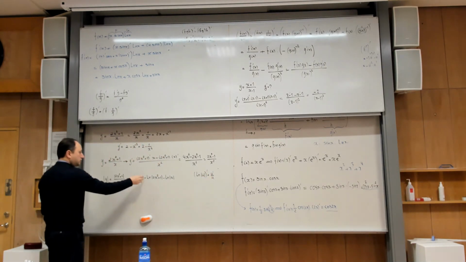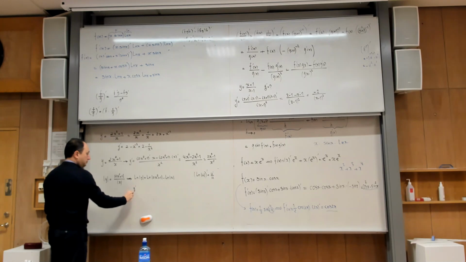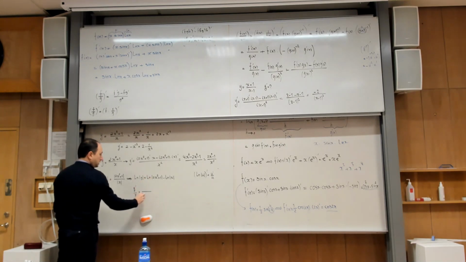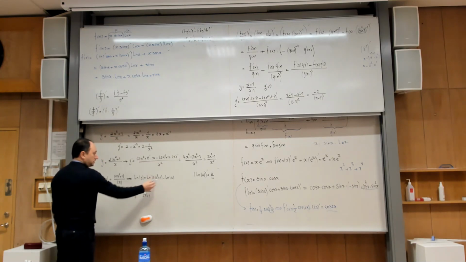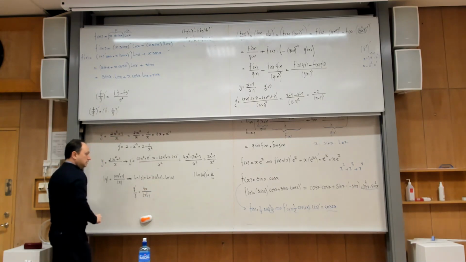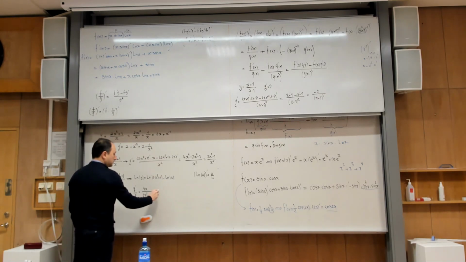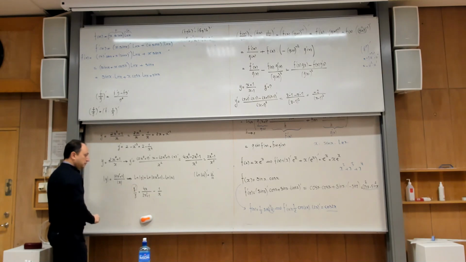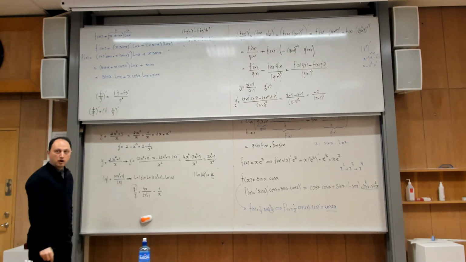So I take the derivative of this, it becomes y prime over y. The derivative of this becomes 4x over 2x squared plus 1 in the denominator. And then it becomes minus 1 over x. But I am looking for y prime, so I multiply everything by y. Yes?